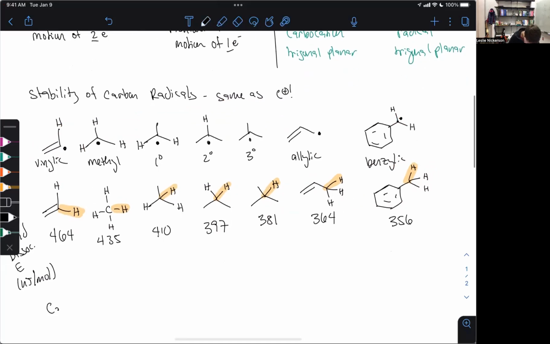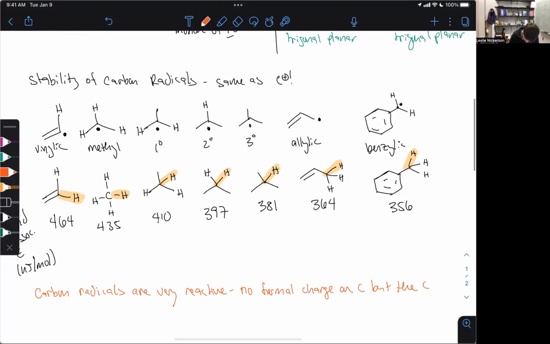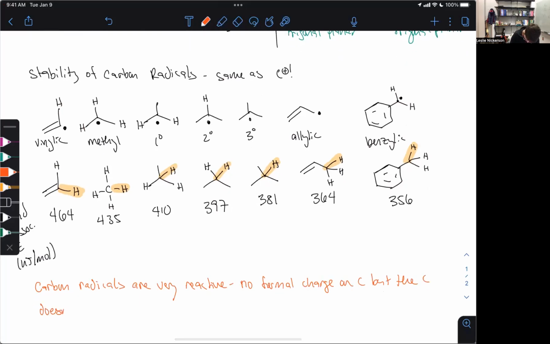So carbon radicals, actually let's put this in orange. They are very reactive, okay? They don't have a charge. But that lack of a full octet definitely has some impact.